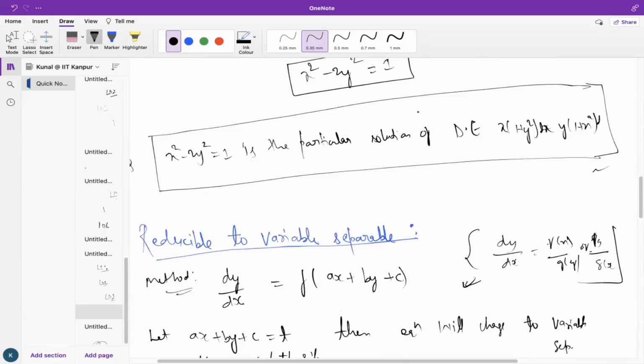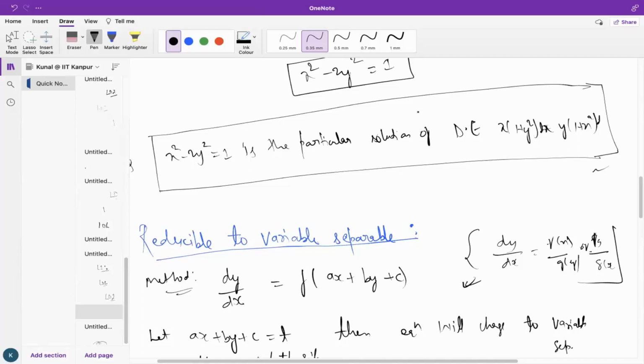तो ये तब अप्लाई करते हैं जब अपनी ऑर्डर एंड डिग्री ऑफ डिफरेंशियल इक्वेशन 1 हो, बट वो एग्जैक्ट फॉर्मेट में नहीं हो जिस फॉर्मेट में अपन वेरिएबल सेपरेबल को अप्लाई कर सकते हैं. Then we do this method, which is also known as reducible to variable separable.